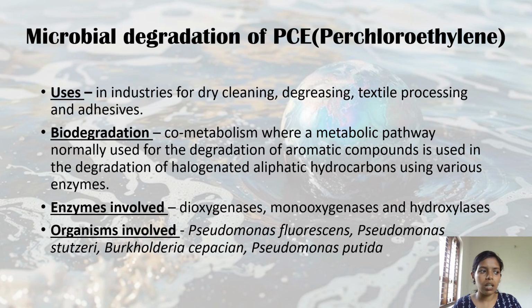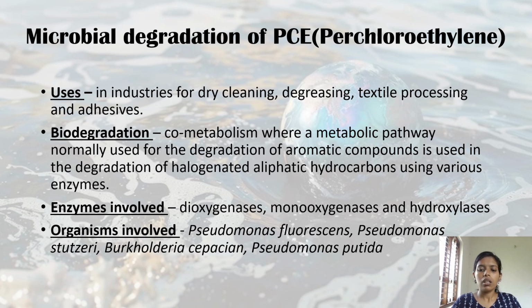Co-metabolism is a type of degradation where two compounds are degraded simultaneously in a metabolic pathway. So the degradation of the second compound will depend upon the degradation of the first compound.